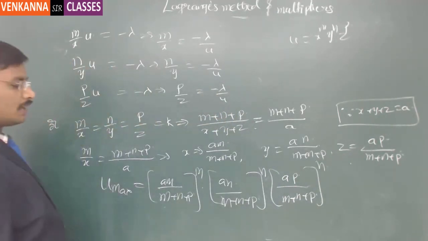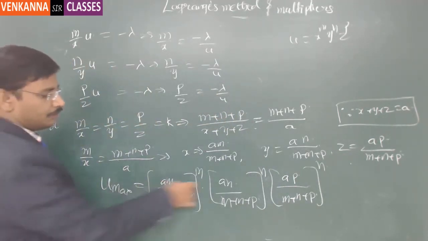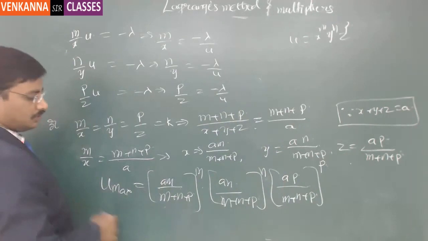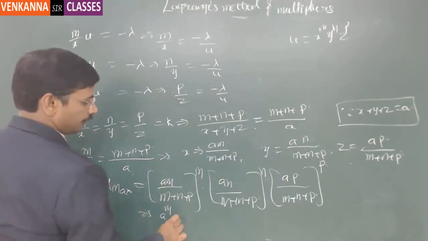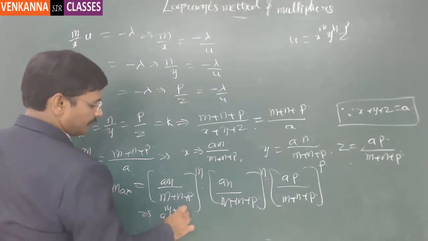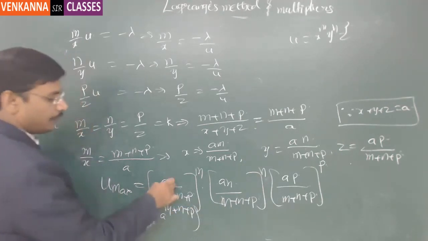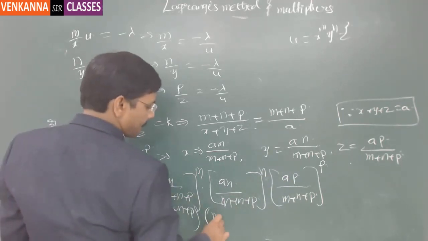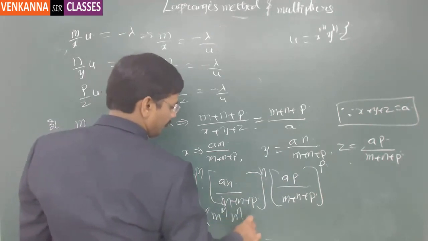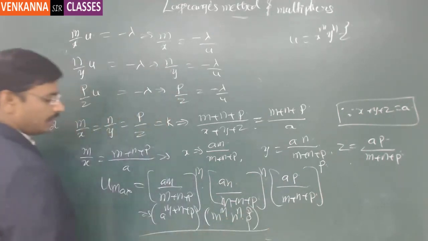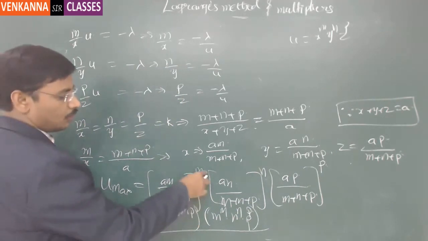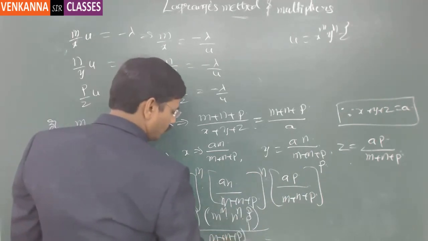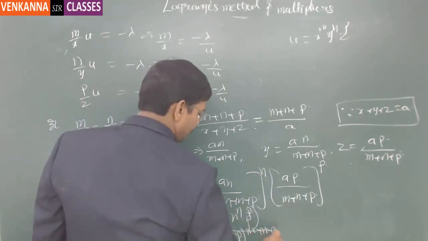If you separate the numerator and denominator, a^m, a^n and a^p will come out, that is a^(m+n+p). Then m^m, n^n, p^p will be left over. In the denominator, (m+n+p) is common, with power m, n and p, so this is (m+n+p)^(m+n+p). So this will be the answer.